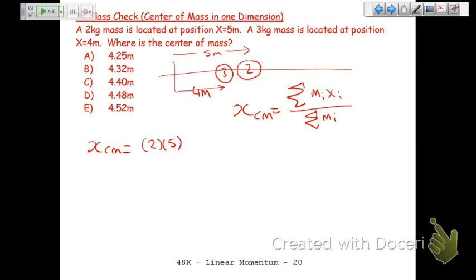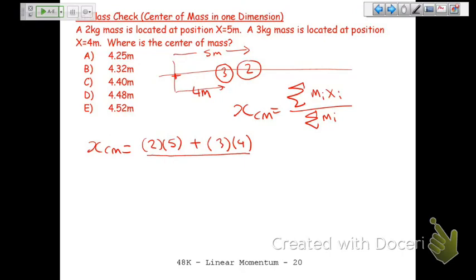And I've got to do that for all the masses. So for the next one, it's 3 kilogram multiplied by 4 meters. And there's no other masses, but if there were more masses on this line, I'd just keep writing them down. Mass times position from the origin. This tells me to sum them, so let's put a sum sign in. Let's add them up.